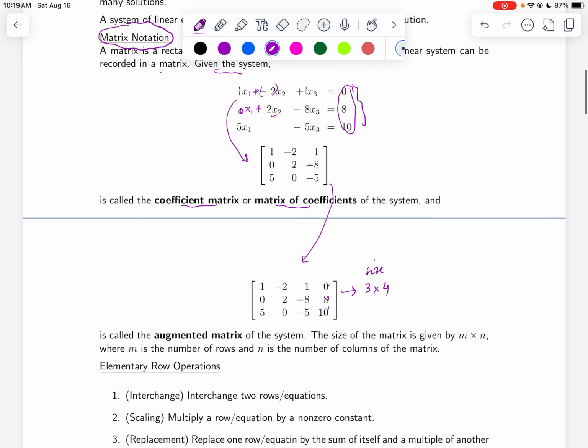Now you should be able to go backwards. For example, if you are given an augmented matrix, let's say 1, 2, 0, 3, 1, 0.